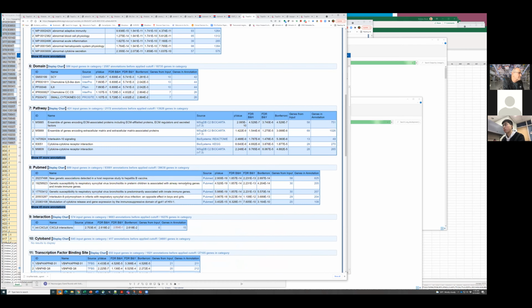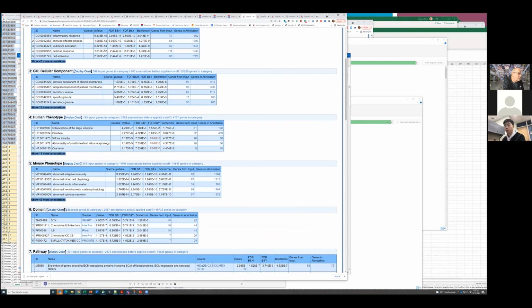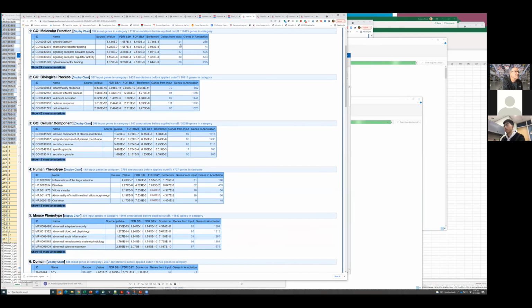It's talking about adaptive immunity and inflammatory cytokines. This is kind of inflammation 101 and steroid treatment 101, things that we've known for 20 years: that steroids can suppress the cytokine storm.